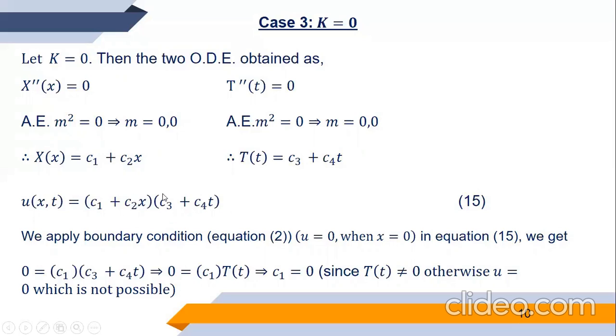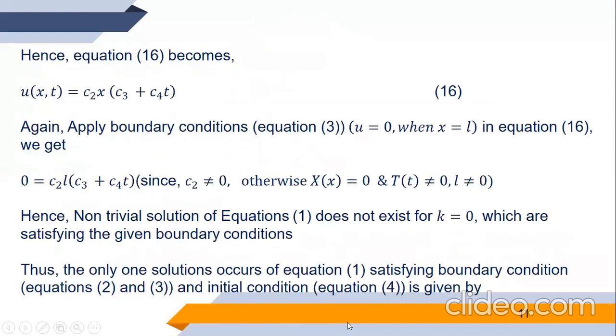So now we apply the boundary condition equation 2, u is 0 when x is 0 in equation 15, then we get c1 is equal to 0. Therefore c1 equal to 0, we put in 15, we get 16, c2x (c3 + c4t).